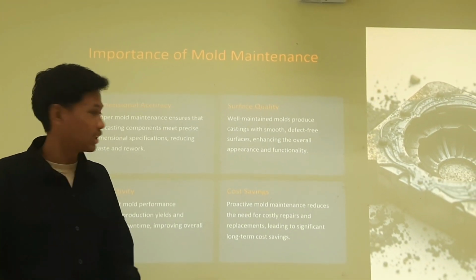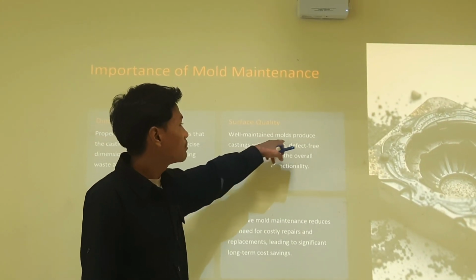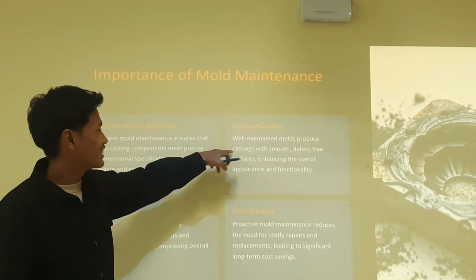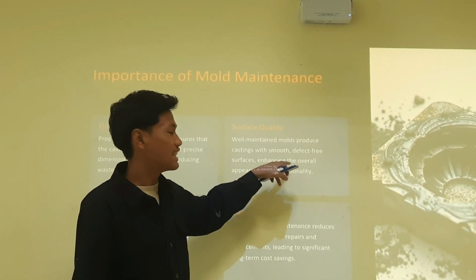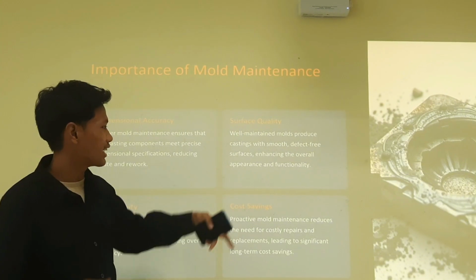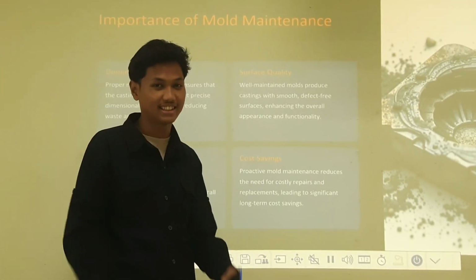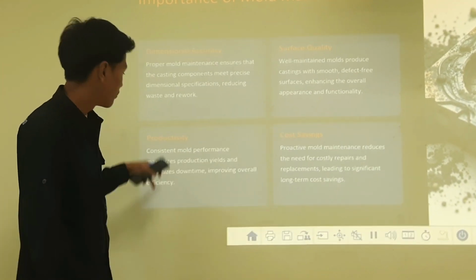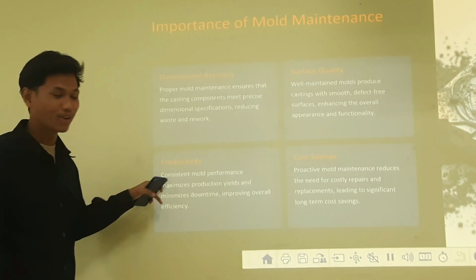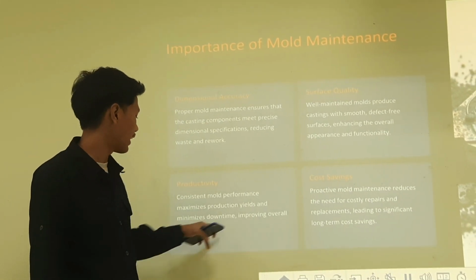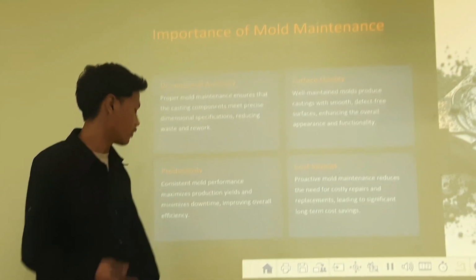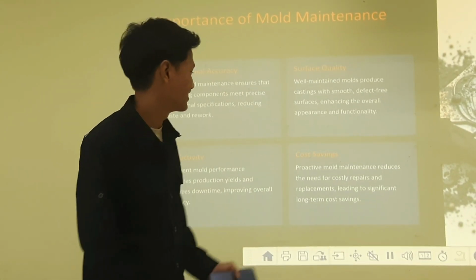Well-maintained molds produce castings with smooth, defect-free surfaces, enhancing the overall appearance and functionality. And the third, productivity. Consistent mold performance maximizes production yield and minimizes downtime, improving overall efficiency.